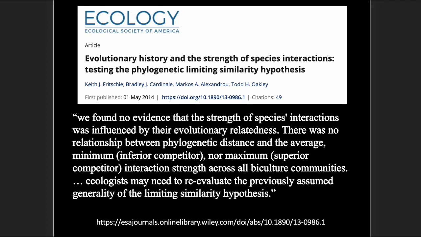Okay, continuing. "We found no evidence that the strength of species interactions was influenced by their evolutionary relatedness. There was no relationship between phylogenetic distance and the average minimum nor maximum interaction strength across all biculture communities. Ecologists may need to reevaluate the previously assumed generality of the limiting similarity hypothesis."